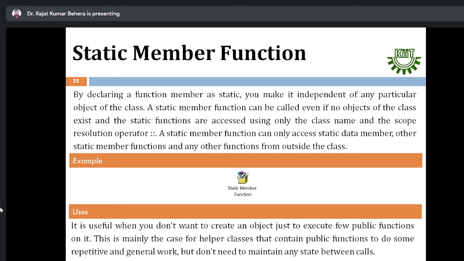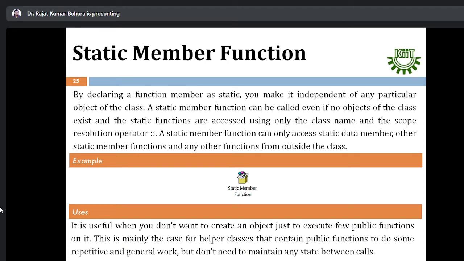When a static function is encountered by C++, it is independent of the object. That means it does not have to rely on the object in order to invoke the function.